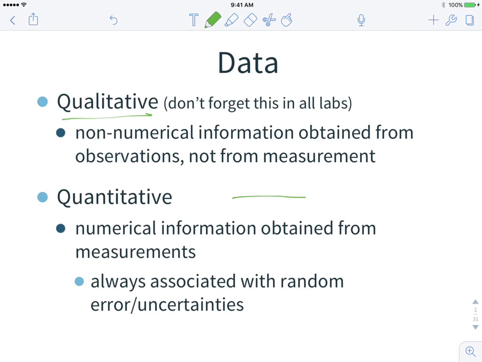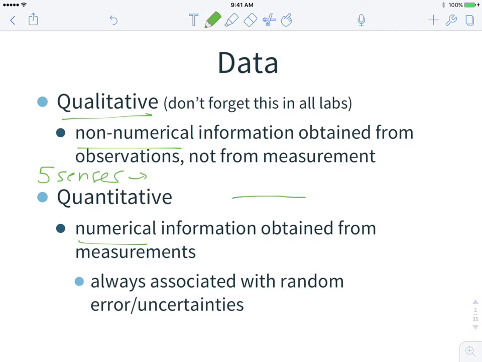These observations are what you need to put into your IA as part of your data set. Just like you do with quantitative data, where you talk about numbers, measurements that you took, you also need to include qualitative, non-numerical information. These are the five senses that you're using.